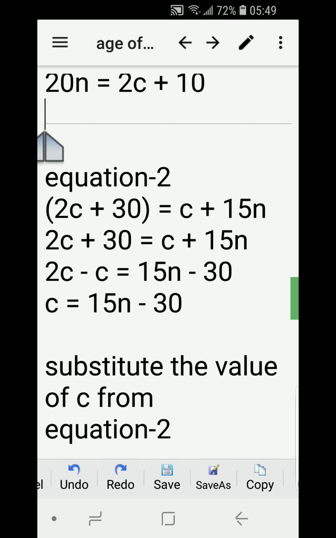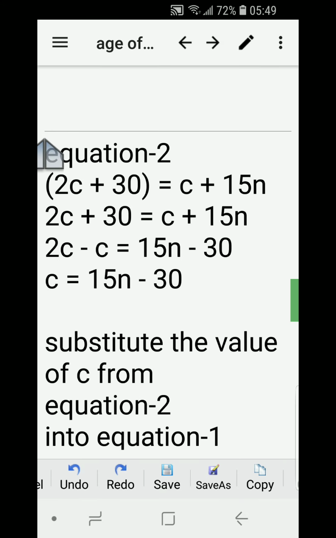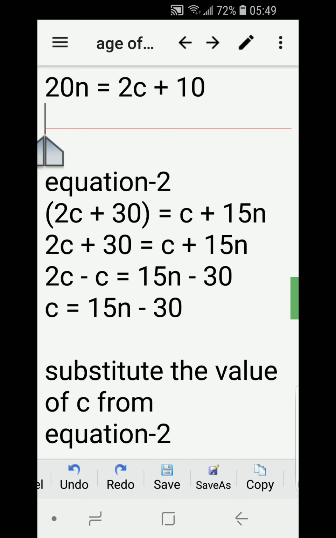And so we get the equation 2c plus 30 is equal to c plus 15n. 2c, that's the sum of the parents' ages, and 30 is because we're adding 15 and 15 to both of the parents.